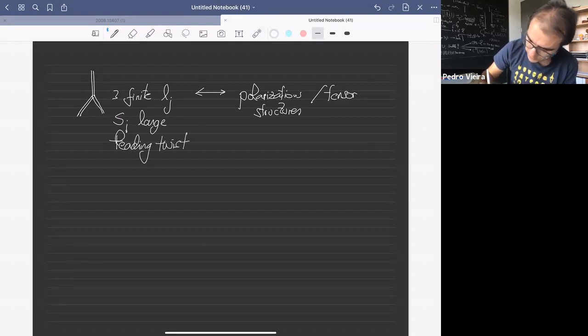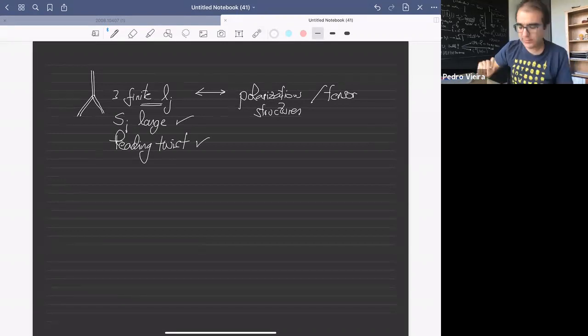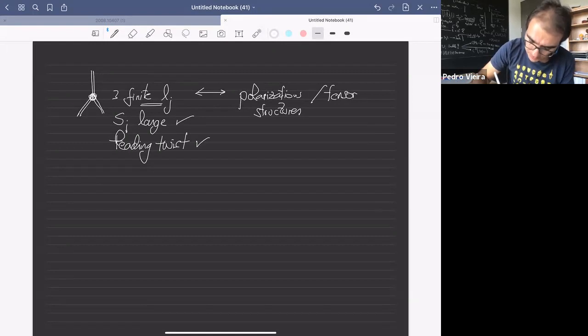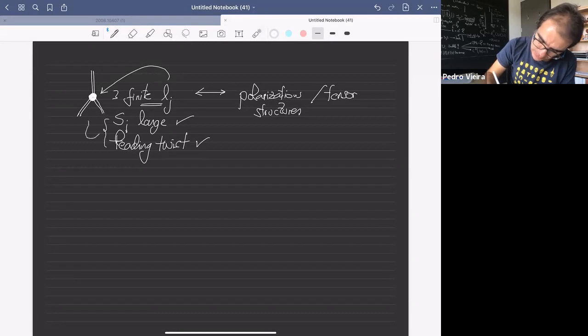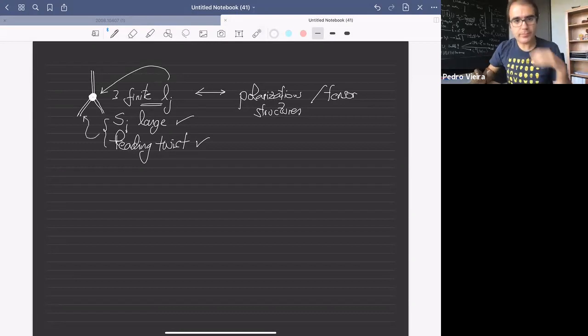So leading twist is a simplification, large spin is a simplification, and the 3 L's still need to be finite. And the L's are a property of the possible structures of the 3-point function, whereas the spins are associated to the operators, of course. And all of them are like that.